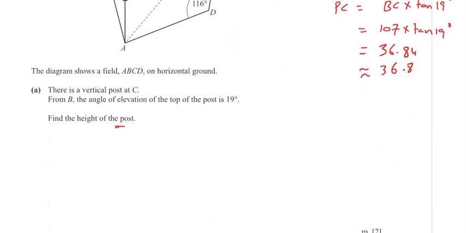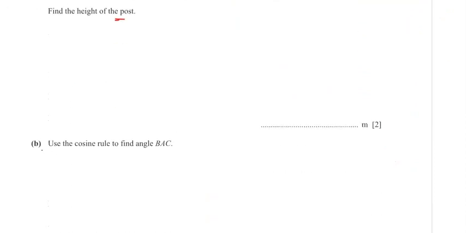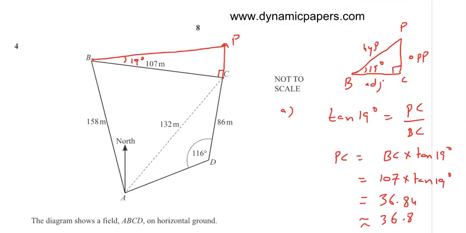Part A done. Now part B is use the cosine rule to find BAC. We have to use the cosine rule to find this angle BAC. Now using the cosine rule, whenever we have to find any angle, I have these three sides already.